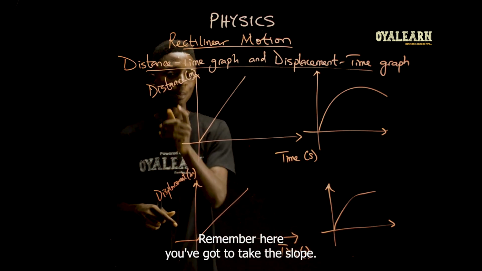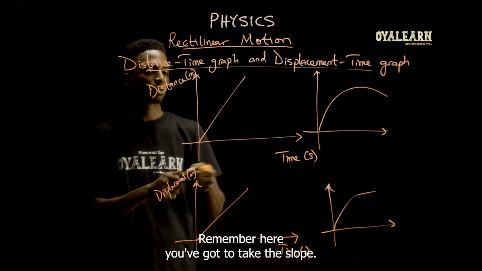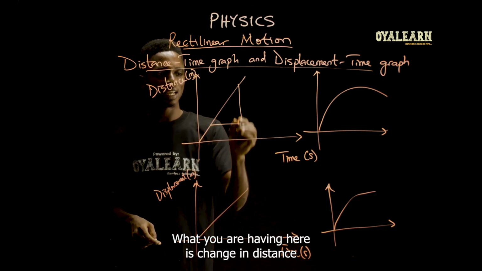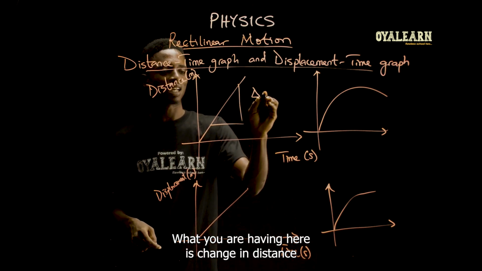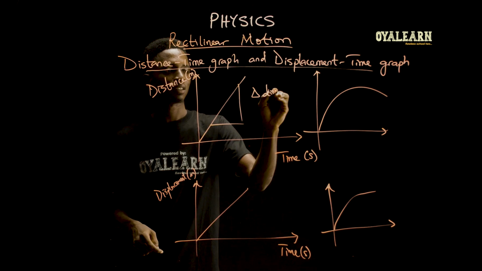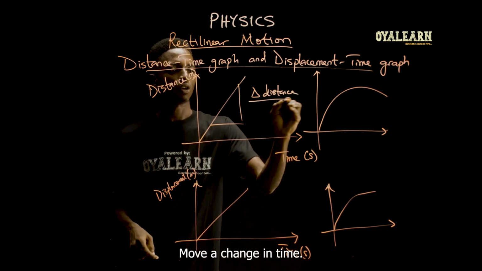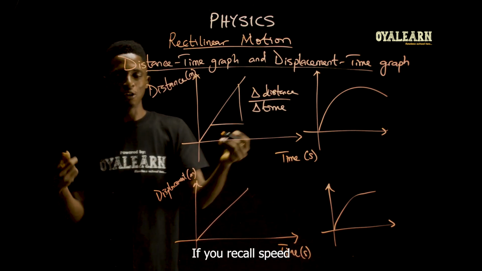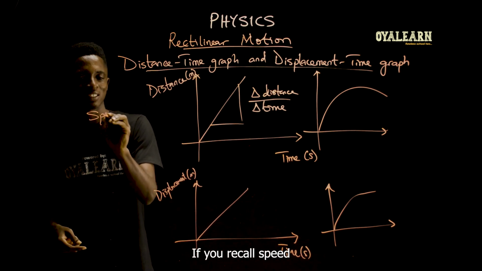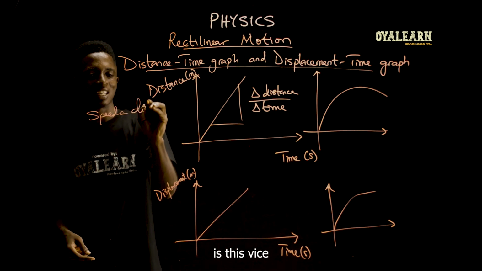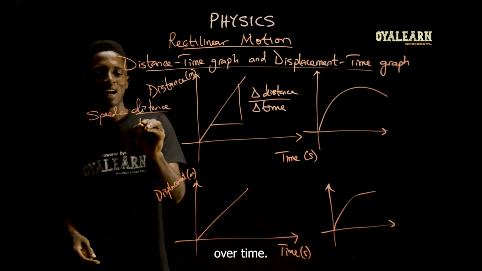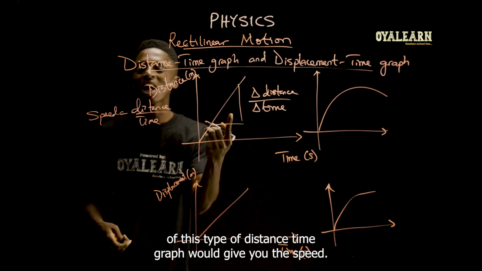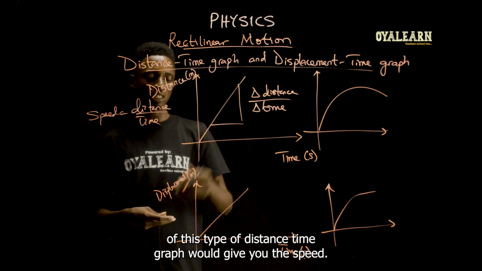Now here's the difference. If you are to take the slope of this line, what you have here is change in distance over change in time. And what does this represent? If you recall, speed is distance over time. So basically, the slope of this type of distance time graph would give you the speed.